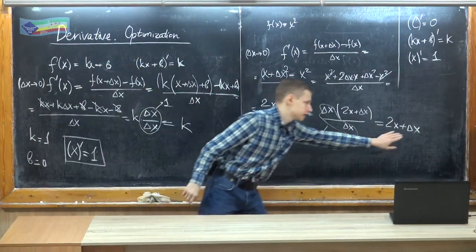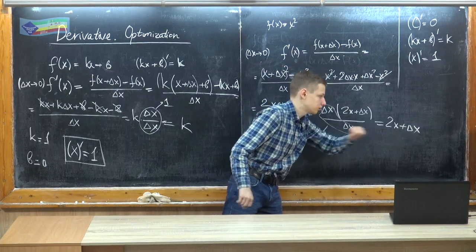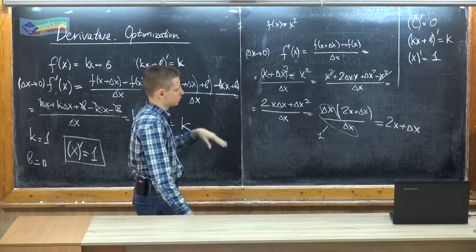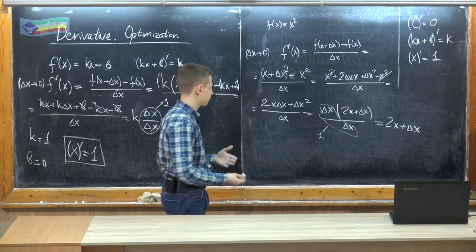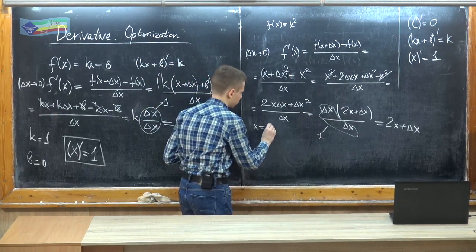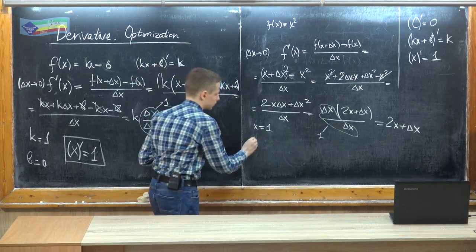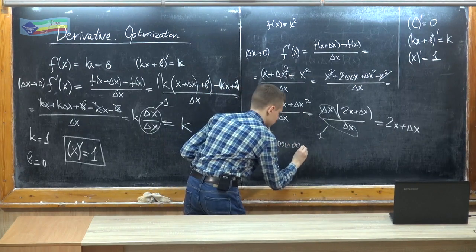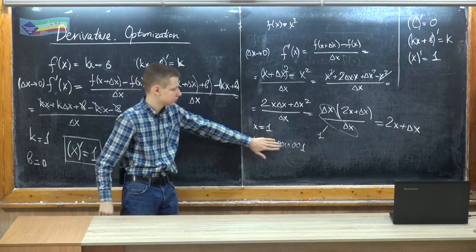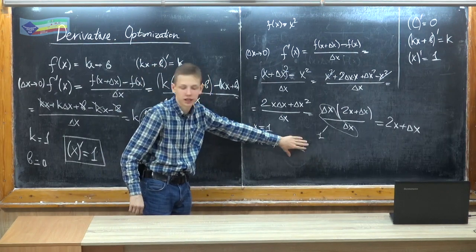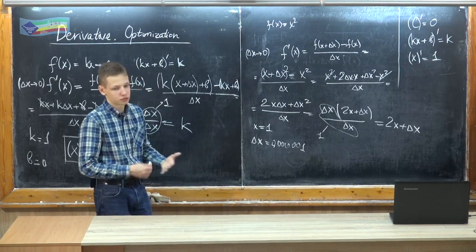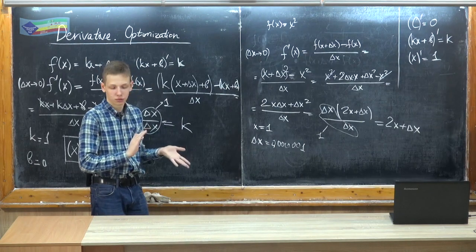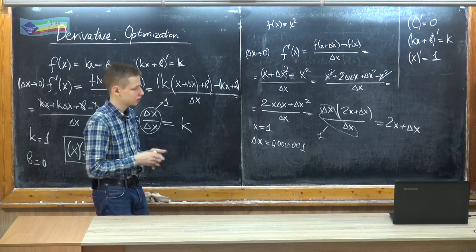And we still have delta x, so we haven't gotten rid of it, but now we can remember that delta x is approaching 0, but it's not 0. That's why if we have, for example, x equal to 1 and delta x like 1 millionth, then we will just cover this delta x and forget about it, because we can always choose such a small delta x that it won't interfere with our calculations in any way.